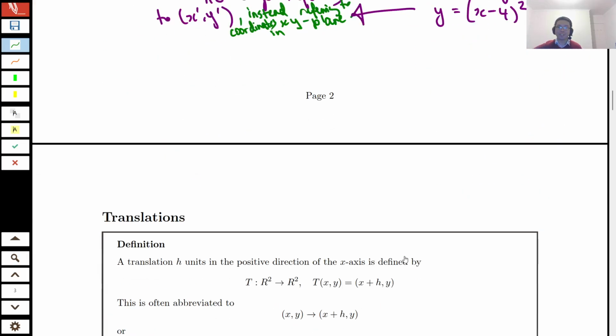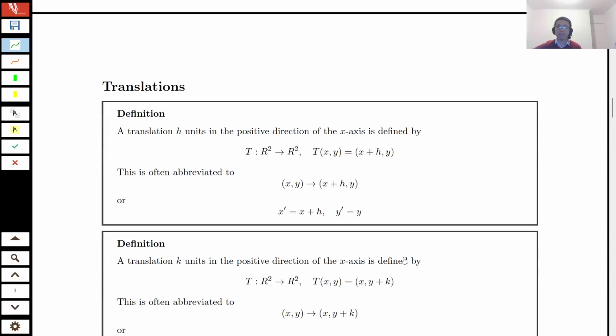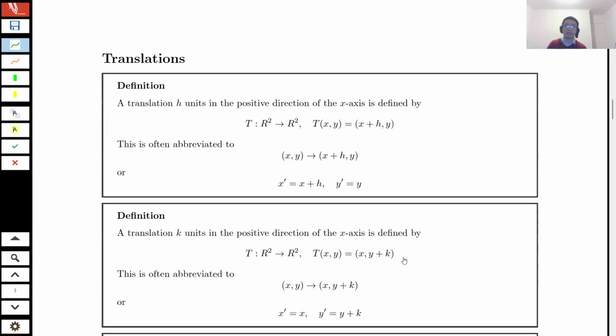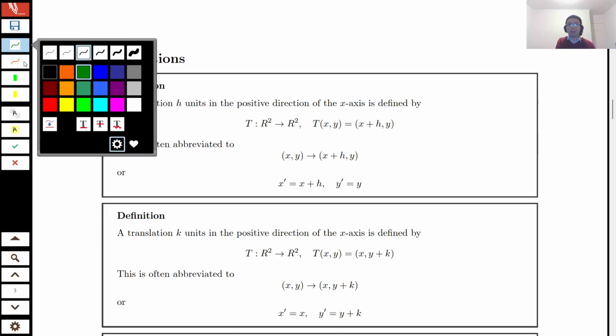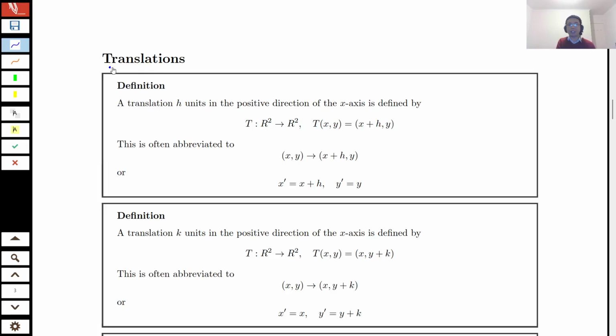Let's move on. So, let's define some transformations. Our first transformation is called a translation. So, in this course, we consider a movement horizontally and vertically.